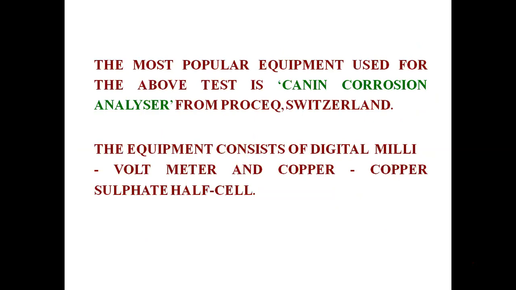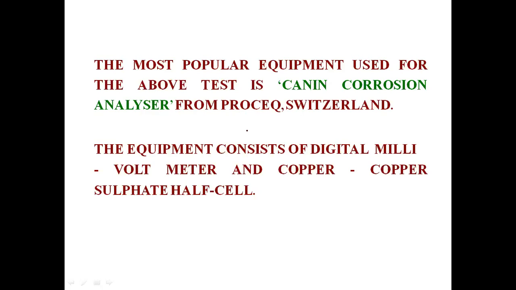The most popular equipment used for the above test is the Canin corrosion analyzer. As we already know, there is precise equipment for rebound hammer, ultrasonic pulse velocity, and so on. In the same way, for the half cell potential measurement test, we have the Canin corrosion analyzer, which is manufactured by Proceq, Switzerland.